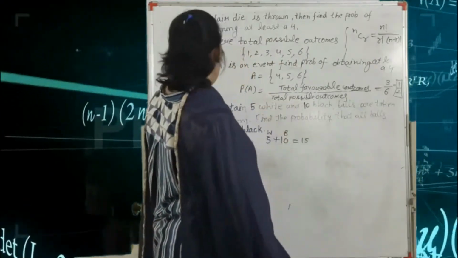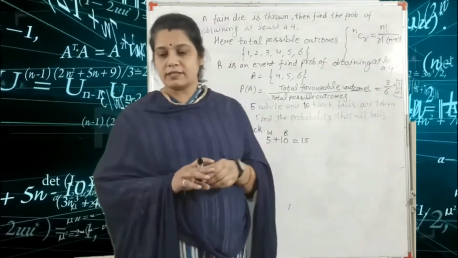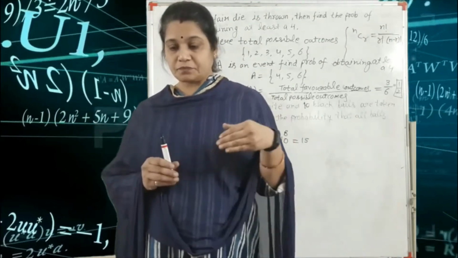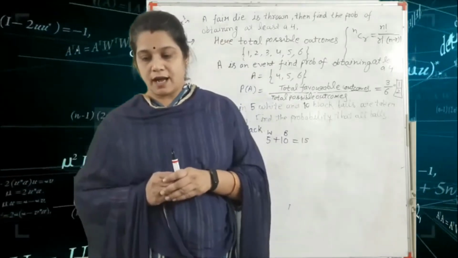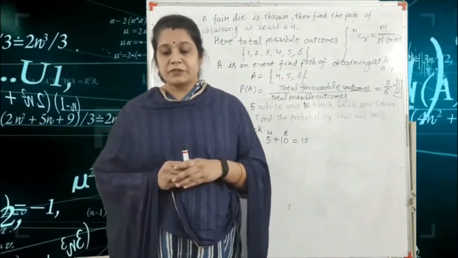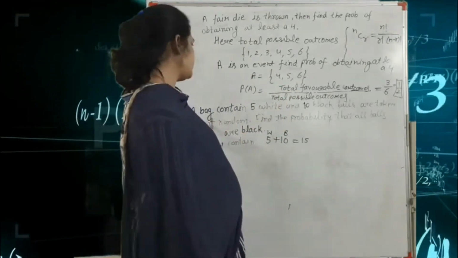Here we find the probability that all balls drawn are black, and we take out 3 balls. A bag contains 5 white and 10 black balls, and 3 balls are taken out at random.